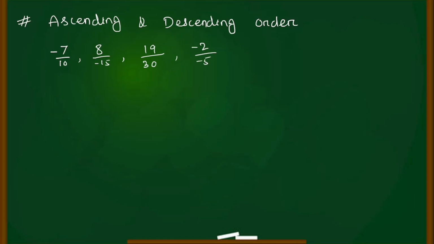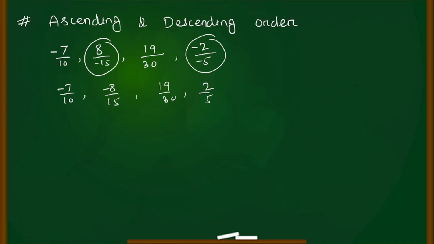First of all check here, 8 by minus 15 and minus 2 by minus 5, that is the denominator in minus sign. So convert the denominator into positive sign. Okay, so first we write minus 7 by 10, comma minus 8 by 15, comma 19 by 30, then 2 by 5. Okay, now take the LCM of the denominators.